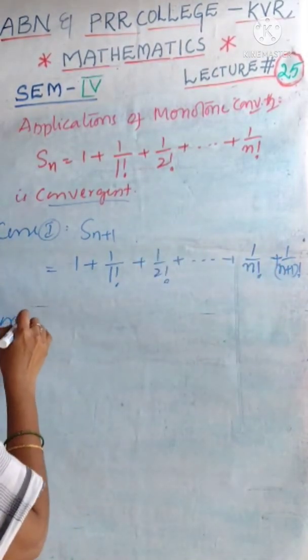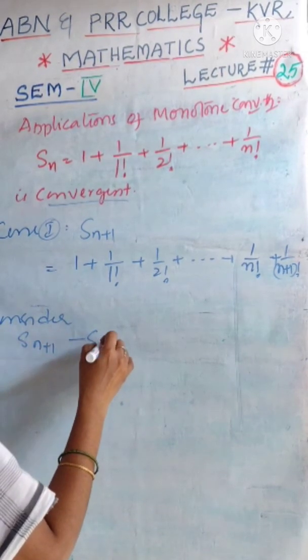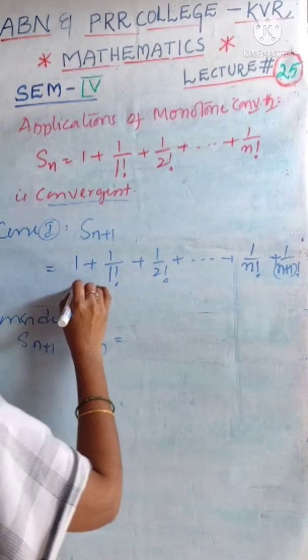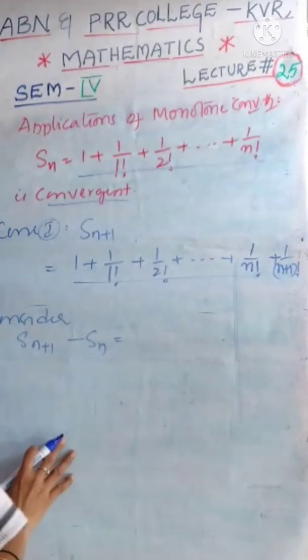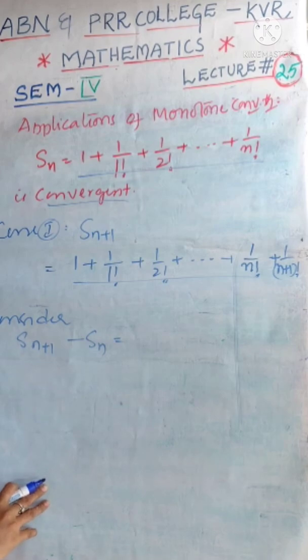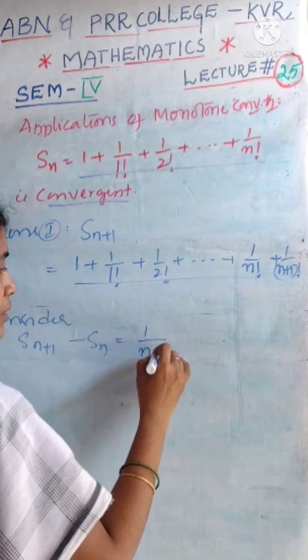Now consider the difference of consecutive terms, Sn plus 1 minus Sn. Observe that in both terms we have the common terms. After subtraction only one term remains.